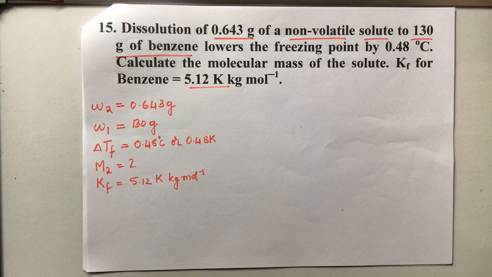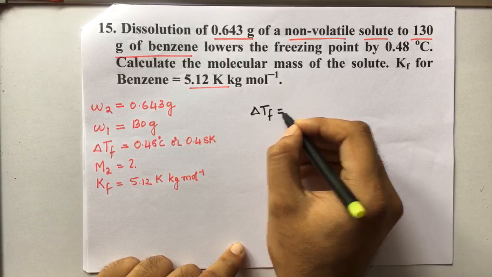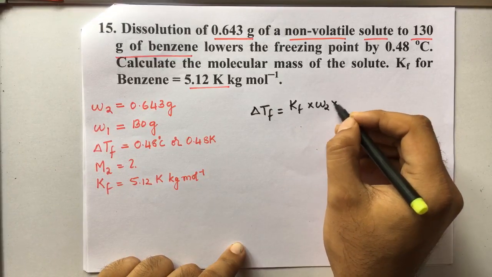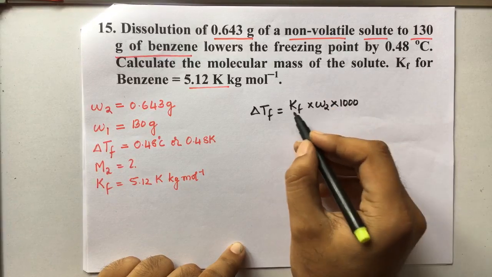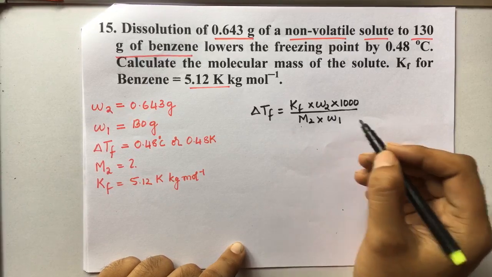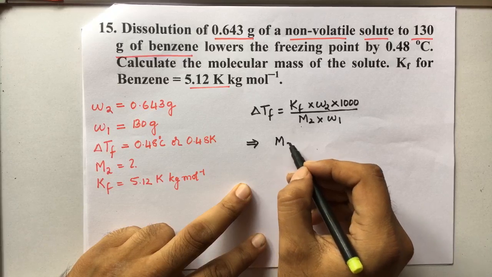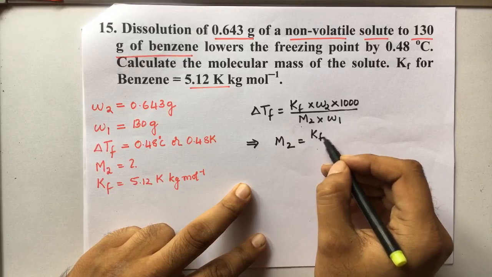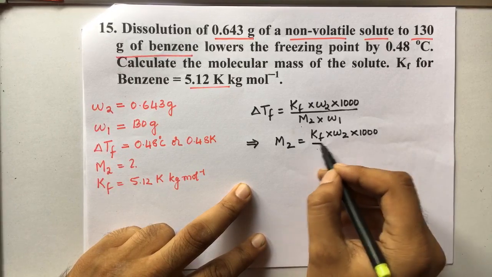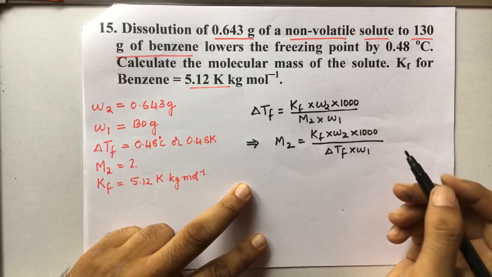Now students, you know the formula: delta Tf is equal to Kf multiplied by W2 multiplied by 1000 divided by M2 multiplied by W1. Let us rearrange this formula. M2 will be equal to Kf multiplied by W2 multiplied by 1000 divided by delta Tf into W1.